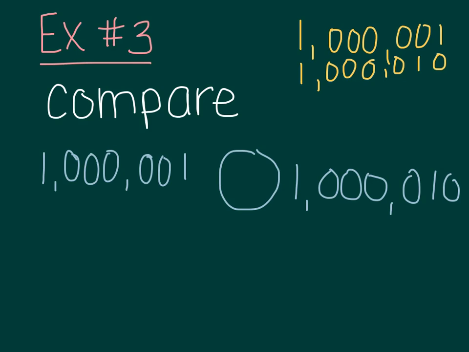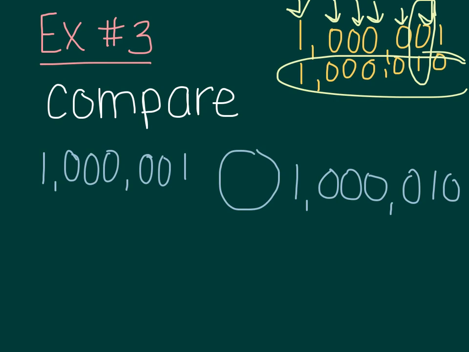And I can see that many of the places as I go along are the same. I don't get something different until the tens place. I see a 1 and a 0 in the tens place. A 1, of course, is going to be bigger. So my second number is the larger number. So I put in my less than symbol.